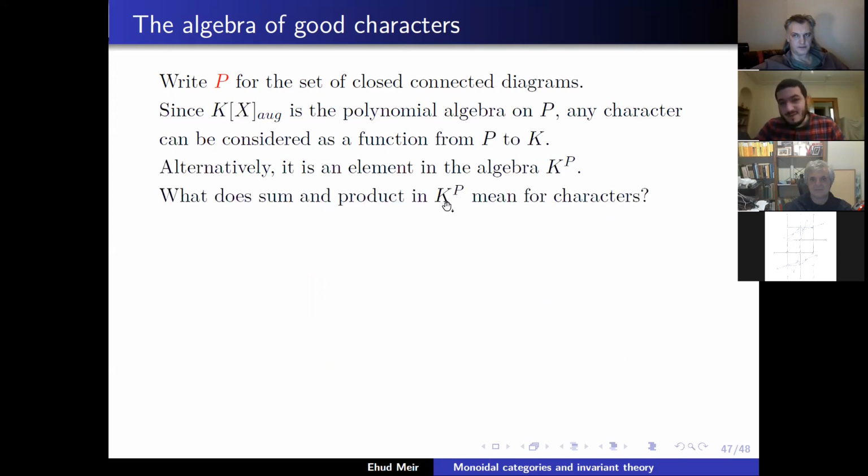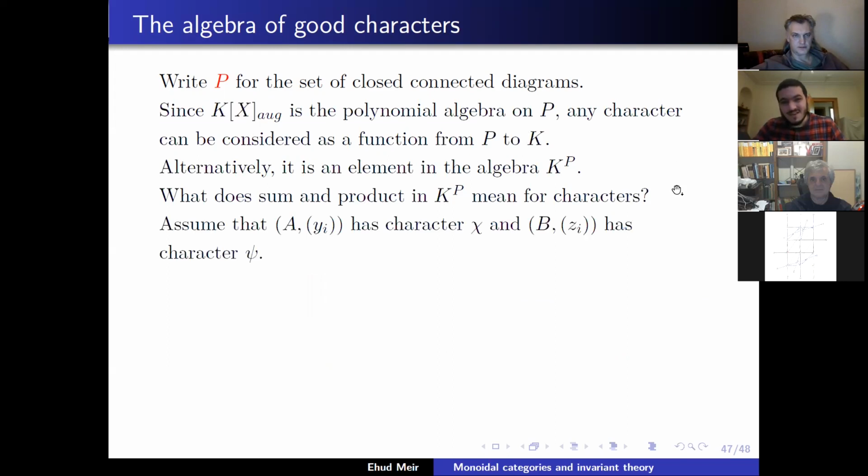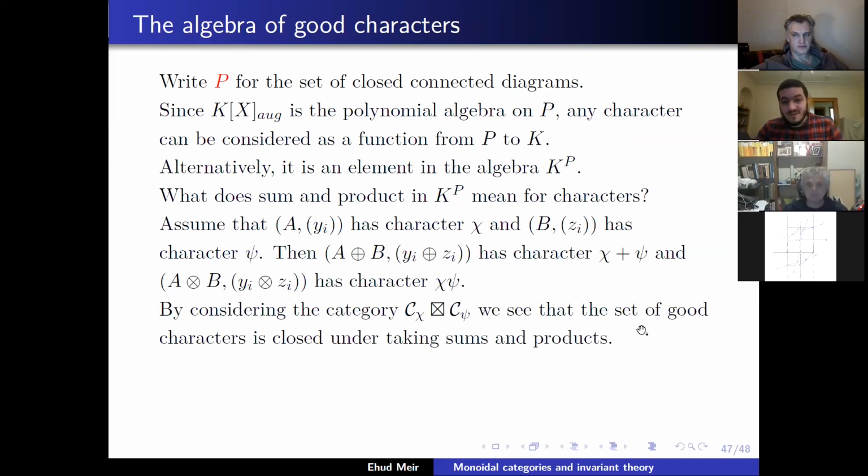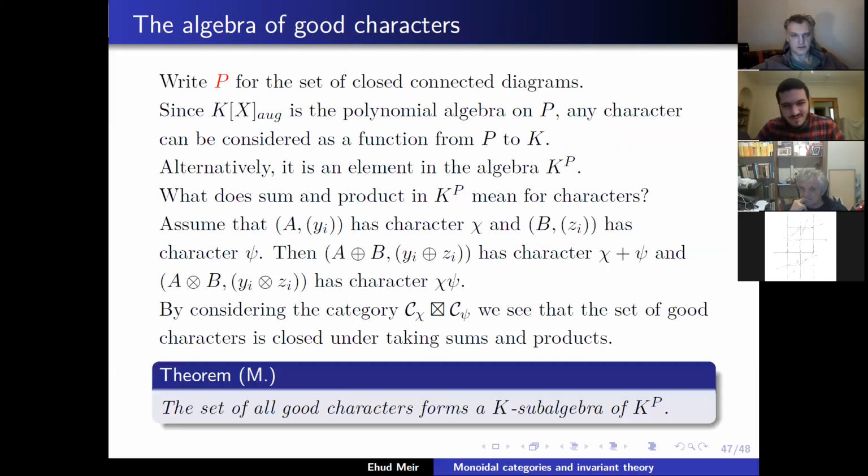And then we can ask, what do sum and product in K to the P mean for characters? If A has character chi and B has character psi, then we can talk about the direct sum, which has character chi plus psi, and the tensor product will have character chi times psi, where sum and product are taken in this algebra K to the P. And then by considering the category C chi tensor C psi, we can show that the set of good characters is closed under taking direct sums and tensor products.